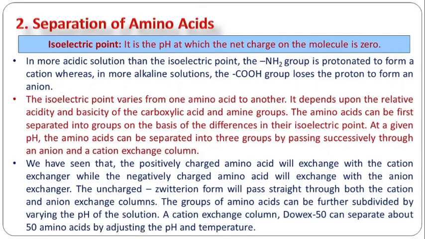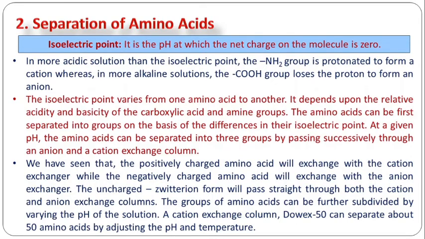The group of amino acids can be further subdivided by varying the pH of the solution. The cation exchange column, that is DOWEX, can separate out the 50 amino acids by adjusting the pH and temperature.